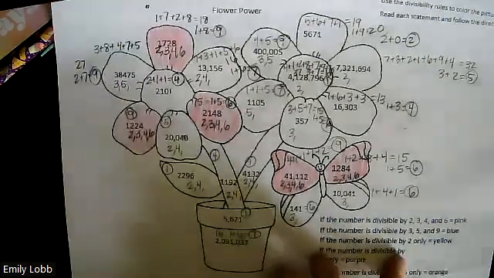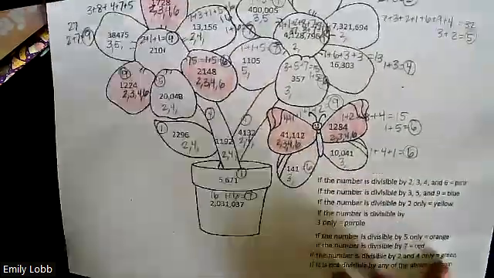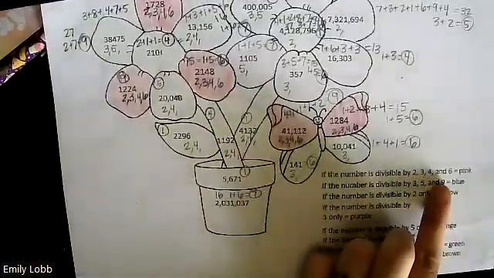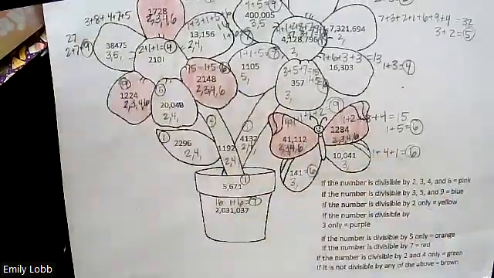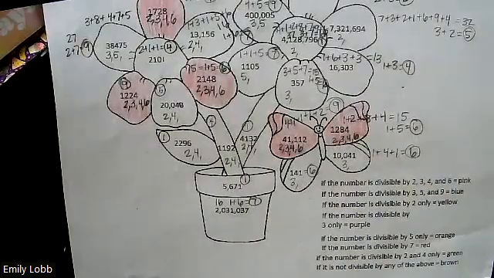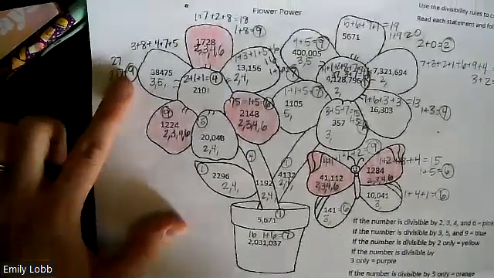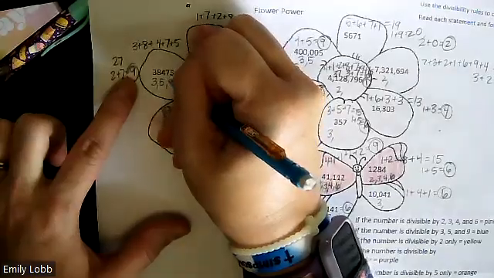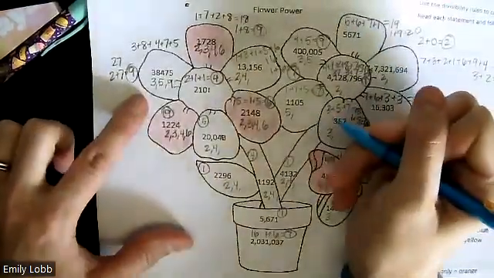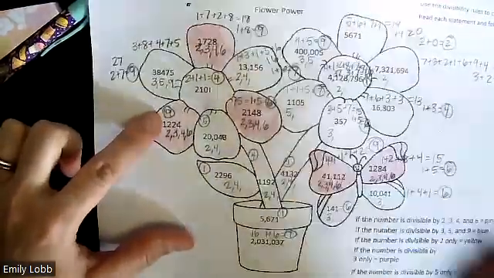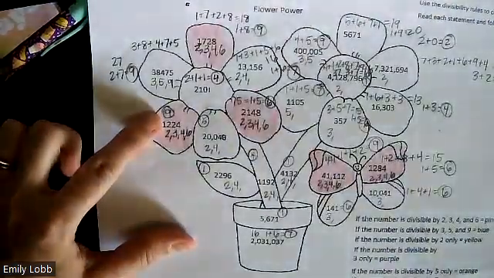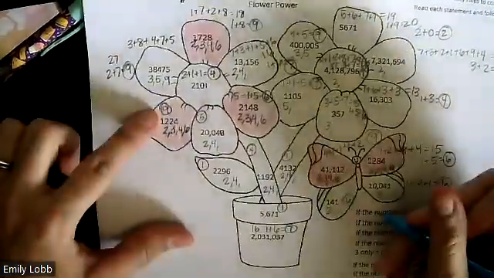All right, now we have to check for 9, because we're trying to find 3, 5, and 9. So 9, remember, is if it adds up to 9. Here's a 9, right? This one is also a 9. But we don't have to worry about it.